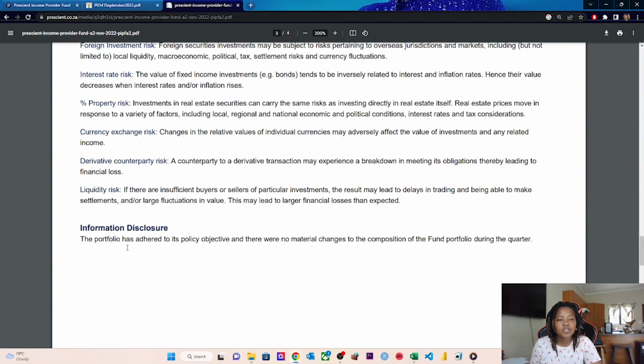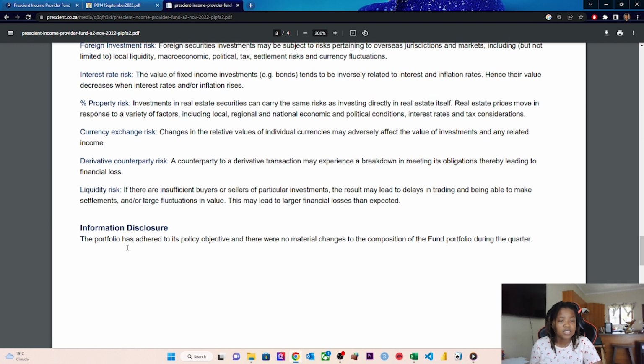Okay, and then you've got currency exchange risk, which is changes in the relative values of individual currencies may adversely affect the value of investments and any related income. And then derivative counterparty risk. A counterparty to a derivative transaction may experience a breakdown in meeting its obligations, thereby leading to financial loss. I mean, you've got the clearinghouse for that, but okay.